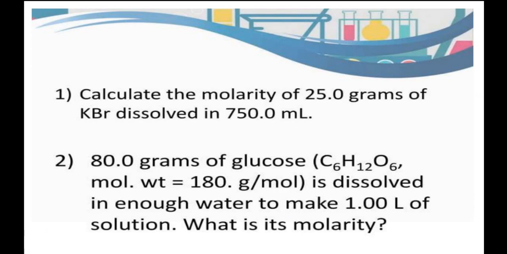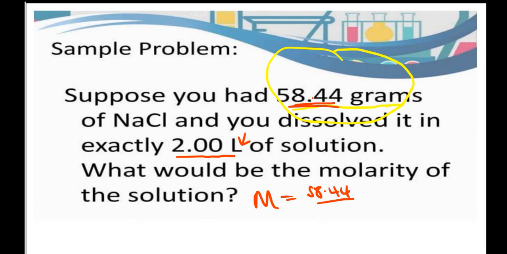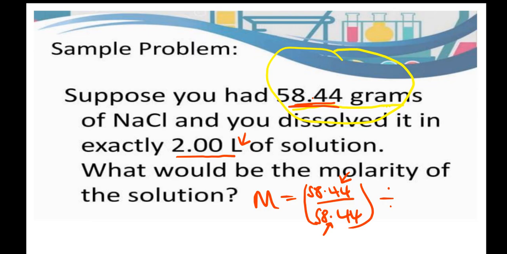This is my mass, and this is my molar mass, and then I'm dividing this by my volume. So we see that this one is going to give us 1. So it means molarity is going to be 1 over 2, which is just 0.5 molar, or moles per liter. So that's how we find the concentration there.